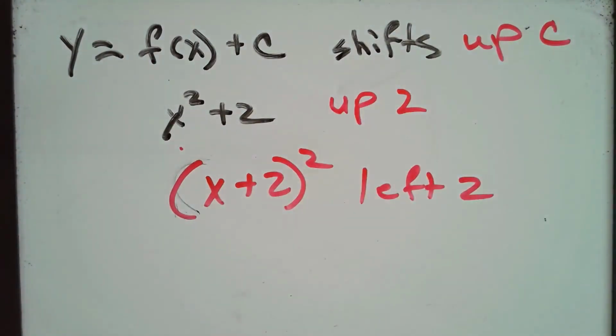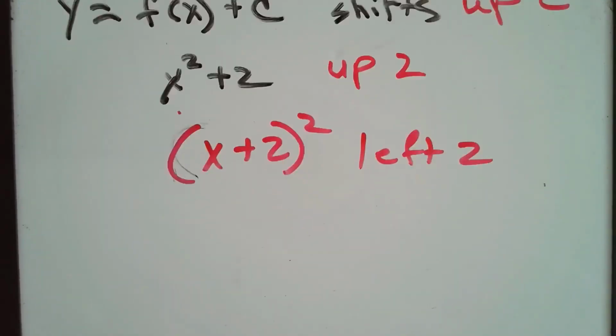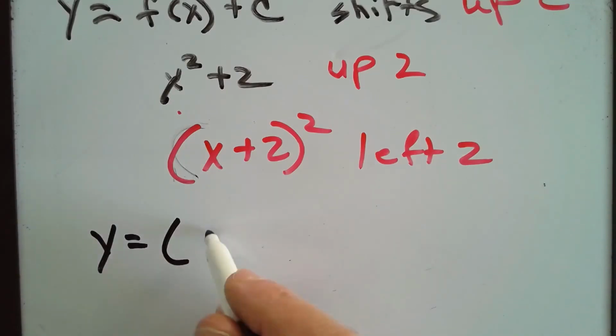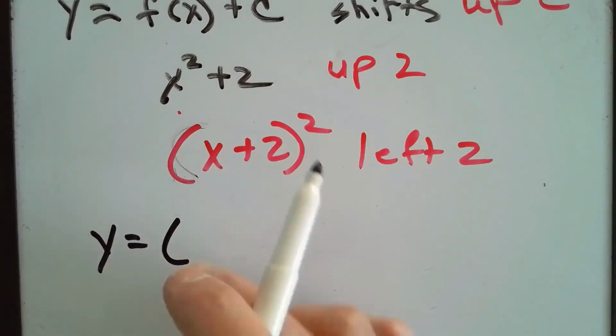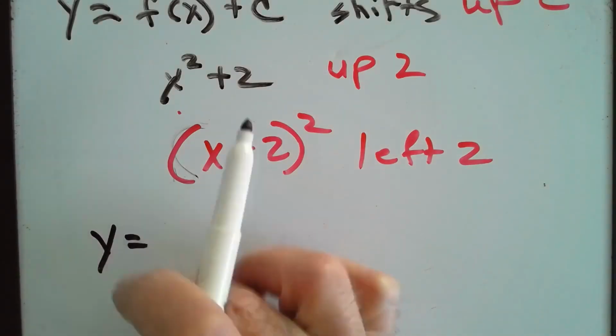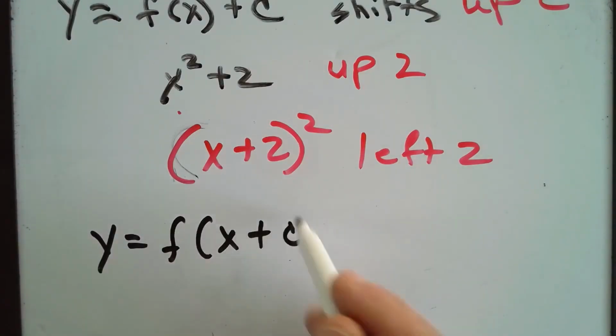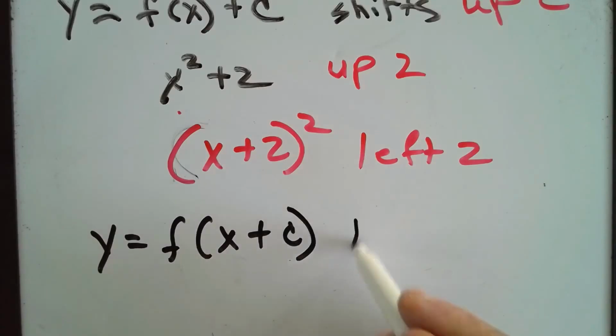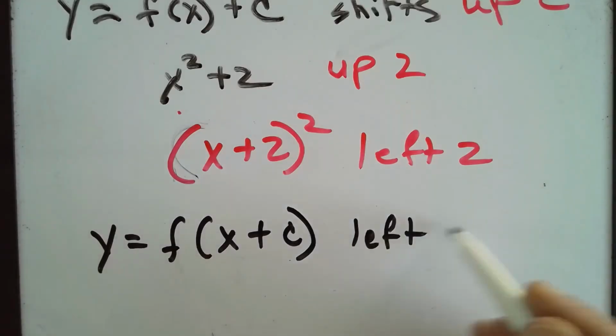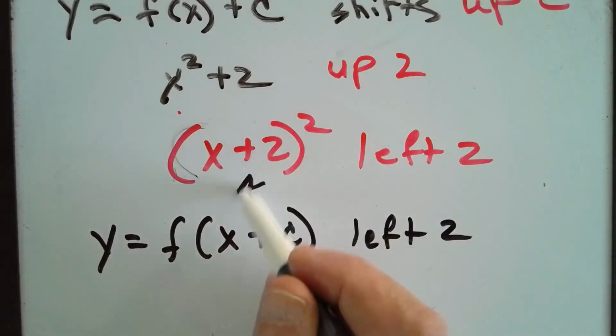Okay. So if it's inside parentheses, x plus c, now it's going to shift left 2 spaces, and that's what this is doing here.